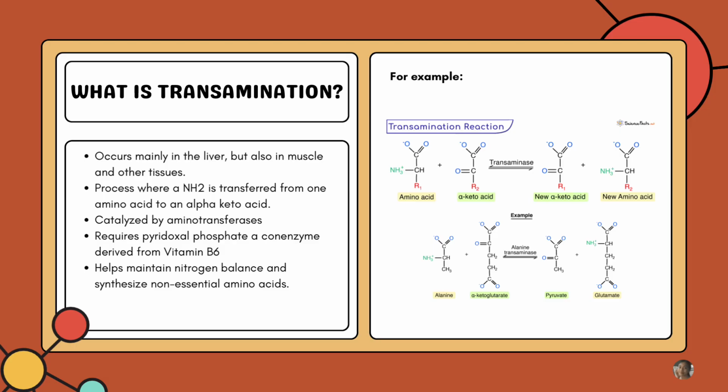Two important examples are ALT and AST. Secondly, this enzyme needs a helper, or coenzyme, which is called PLP, otherwise known as pyridoxal phosphate, which comes from your vitamin B6.